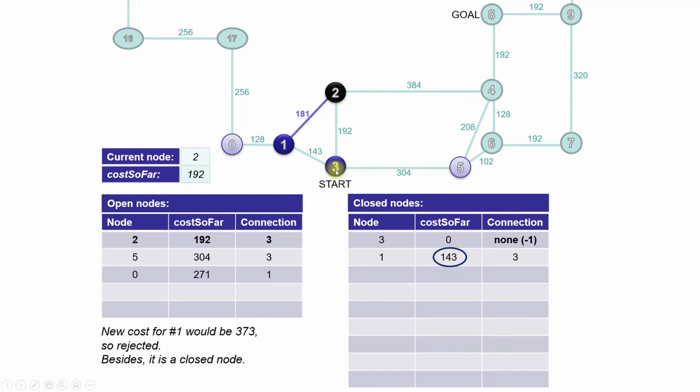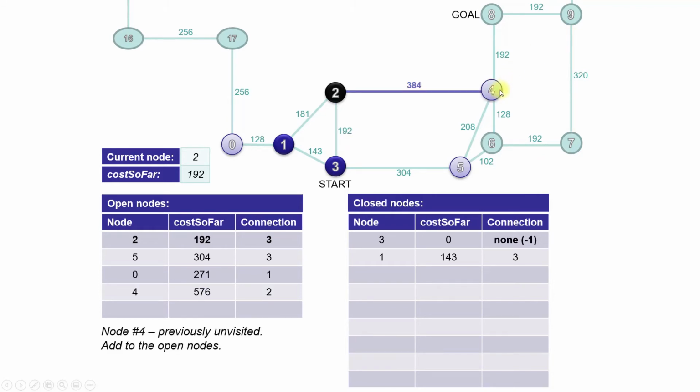The next node to visit is node number 3. It's again a closed node, so we can ignore it and go straight to node number 4, which is previously unvisited. So we will add this node to the open nodes with cost so far 576, which is our current cost so far, 192, plus the additional value 384.